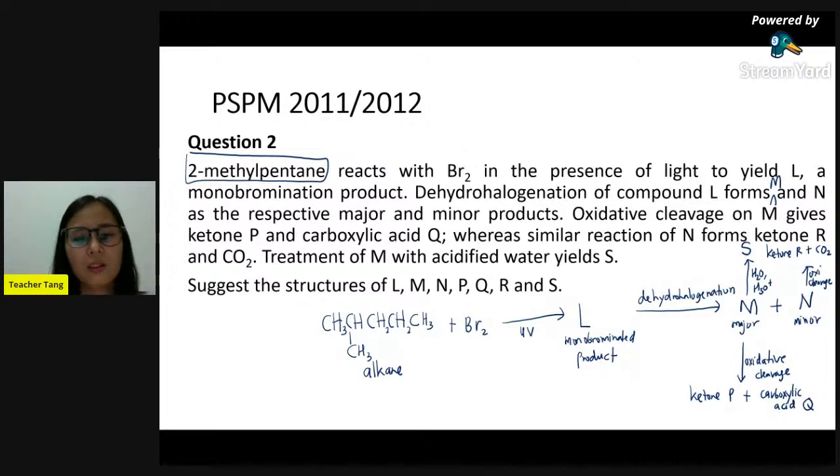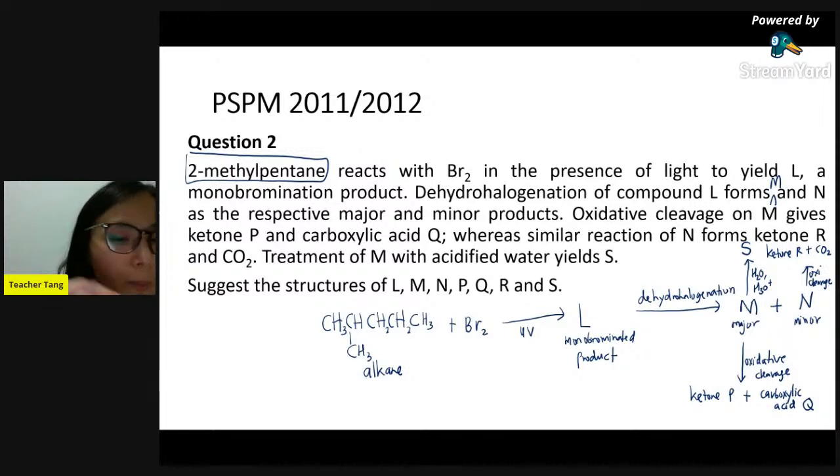So free radical substitution reaction. So you can then draw your L. This L is the major product. So where should the substitution occur?